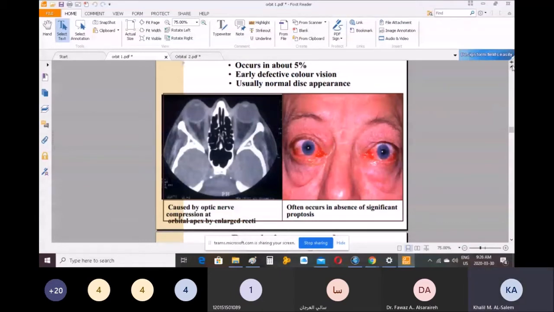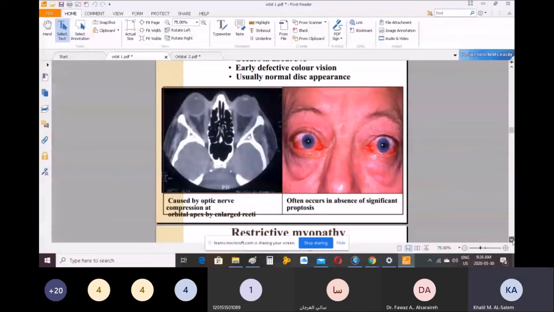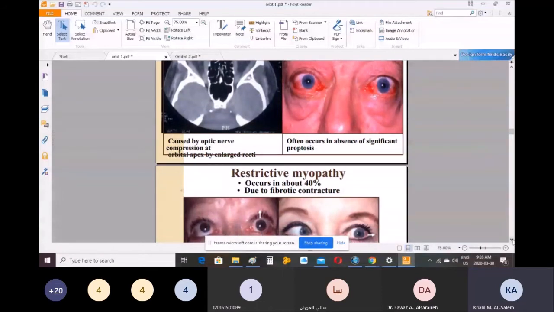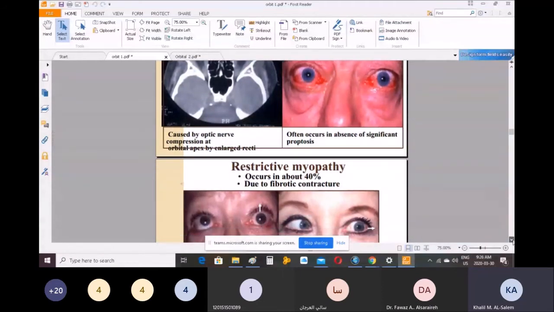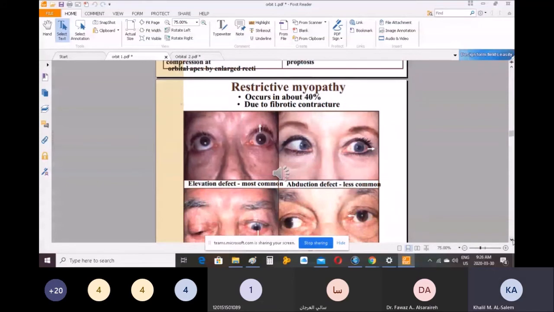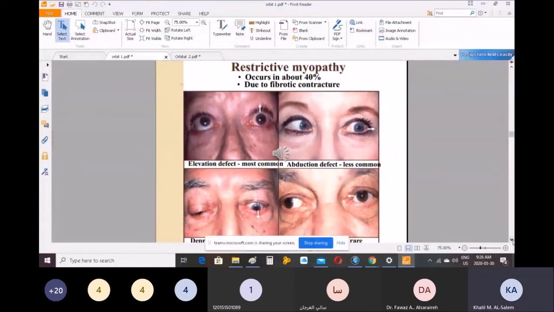And we think that giving the medication early in the disease will help many patients to avoid decompression surgery. This drug just came out recently, or the FDA just approved it recently, in December. So we have also restrictive myopathies.